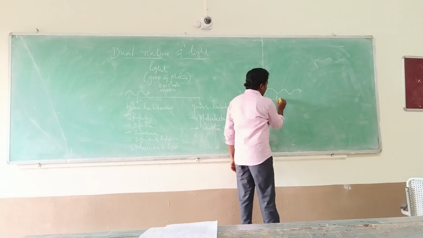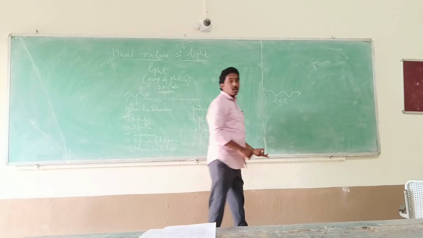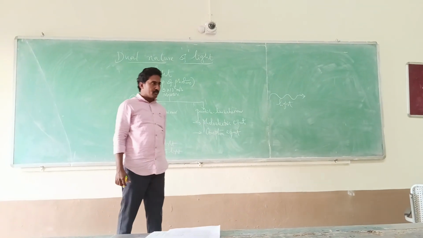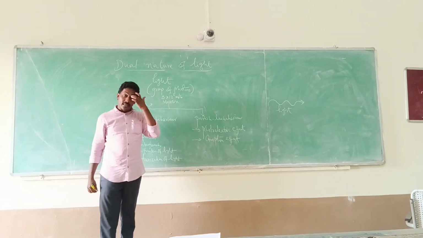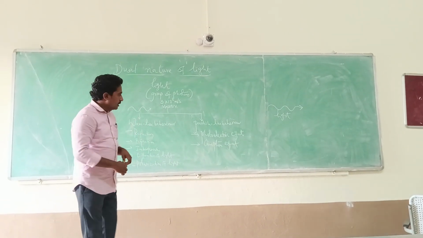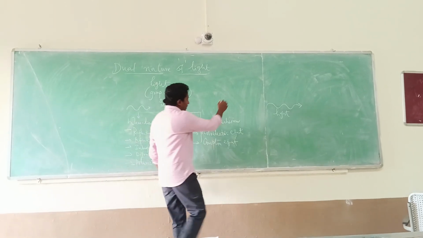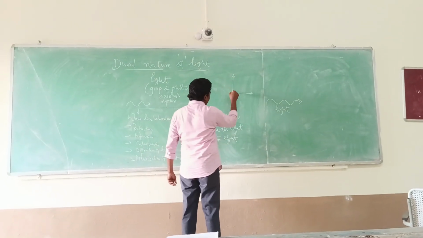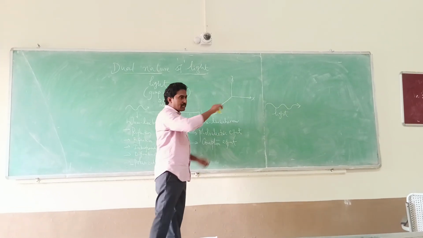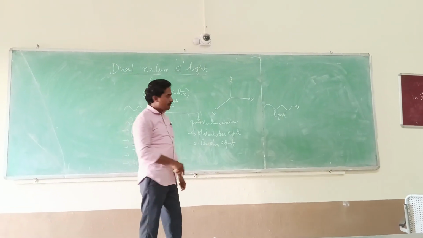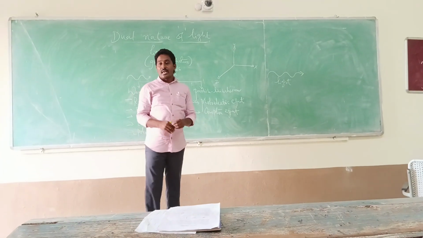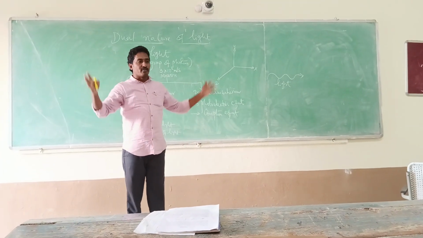Light is also known as electromagnetic radiation, consisting of electric and magnetic pulses. If you represent the electromagnetic wave diagrammatically with x, y, z axes, x represents the direction of propagation of the wave, y represents the magnetic component, and z represents the electric component, which are all perpendicular to each other.